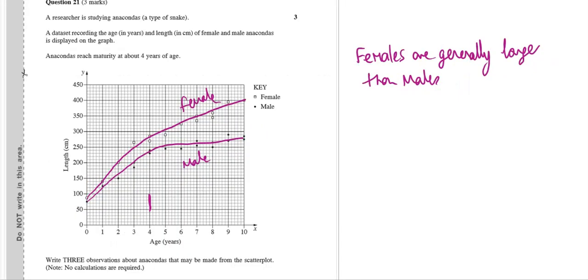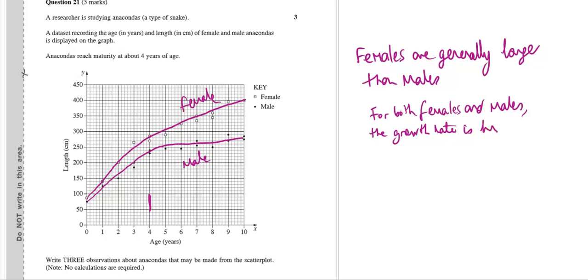Okay, so my second observation is that for both females and males, the growth rate is higher for 0 to 4 years and then slows from 4 to 10 years.